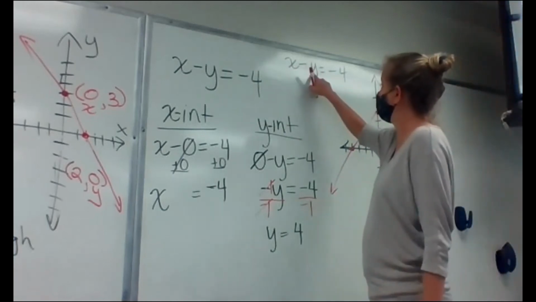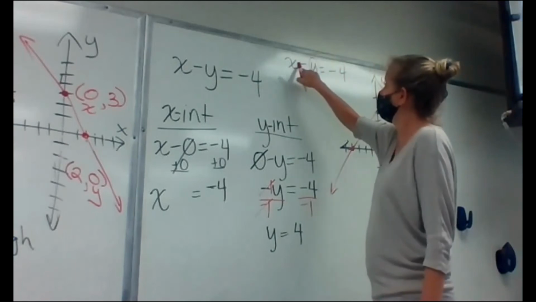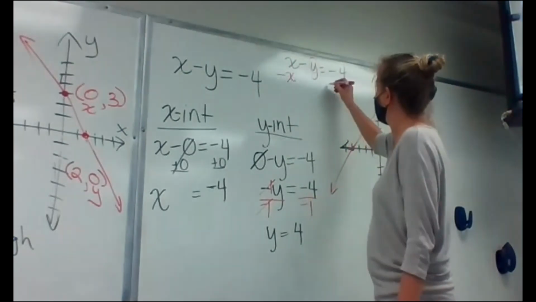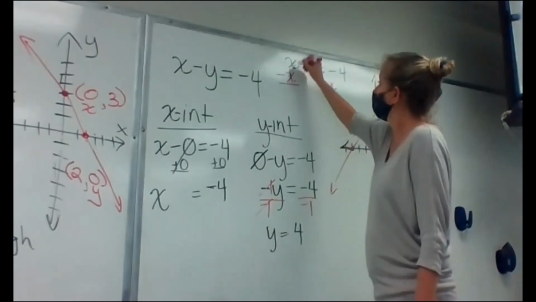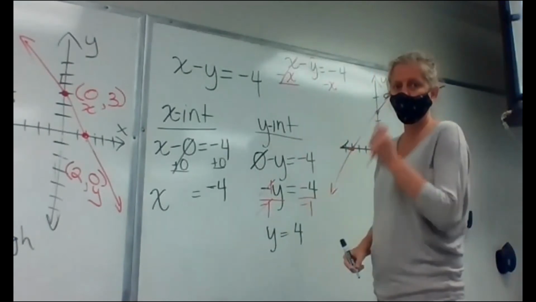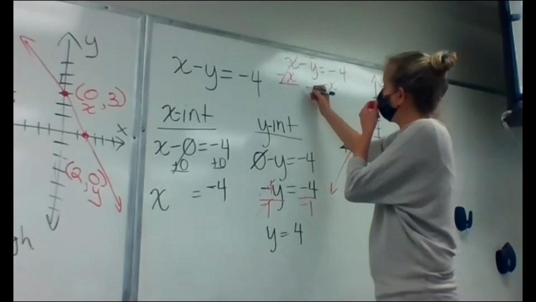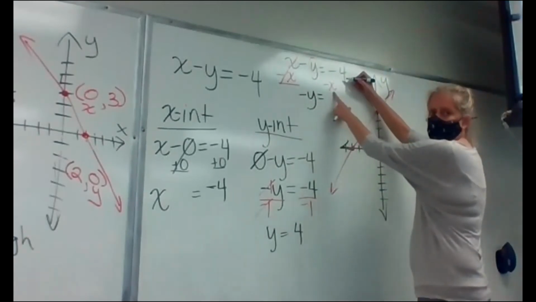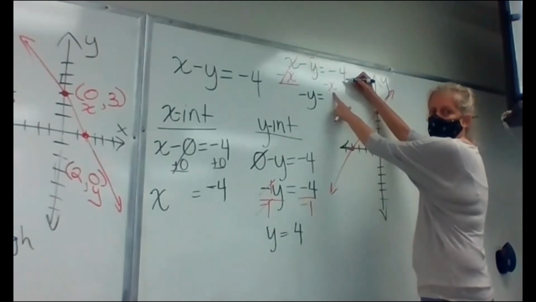Which means if I want this y by itself, I need to get rid of these 2 things. That's a positive x that I need to get rid of by subtracting x. I still have -y equals. Look at these 2 terms over here. It's hard to see because I got that glare.